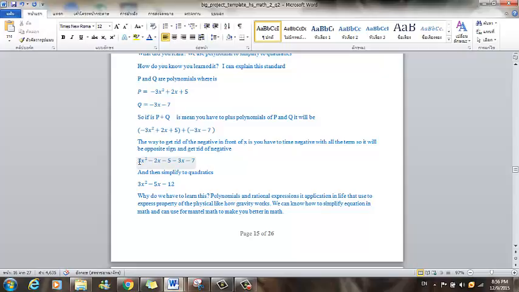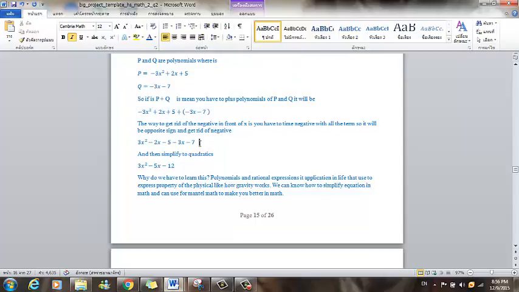So it's going to be 3x. Oh, sorry, I had none. Okay, in this one, because we have the negative in front, we have to put the opposite sign.